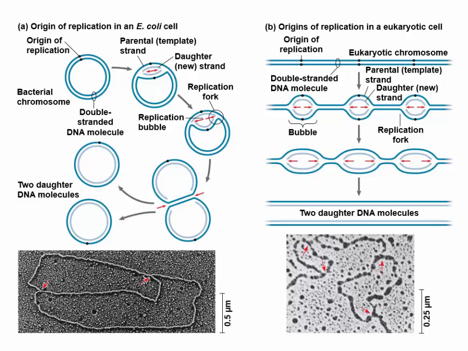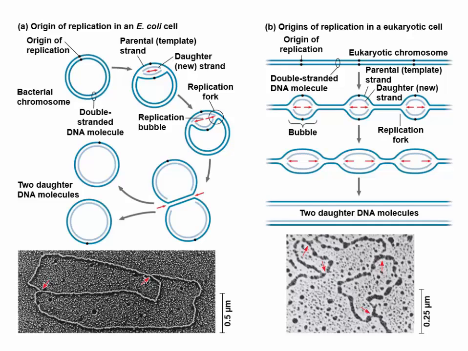And here's a picture of exactly that. On the left-hand side, we're replicating E. coli DNA. And you can see how there's a bubble, a replication fork, which just grows into two. On the right-hand side, there's replication in a eukaryotic cell.